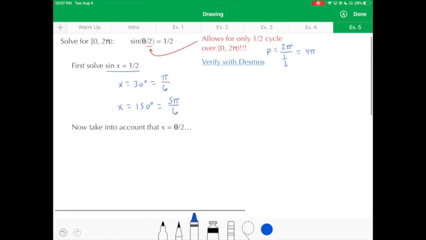Now we take into account that x really represents theta over 2 for our actual equation we're solving. So I'm going to take theta over 2, set that equal to pi over 6, and I'm also going to set it equal to 5 pi over 6. All right, so solving for theta would require you to multiply both sides by 2 for each of these.